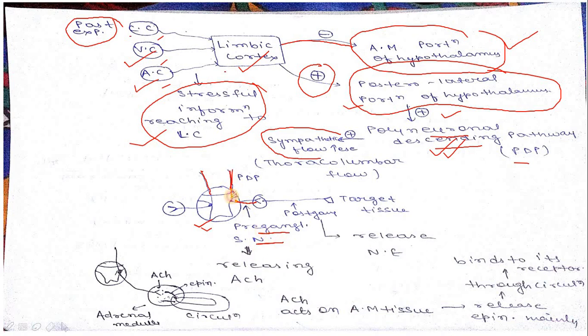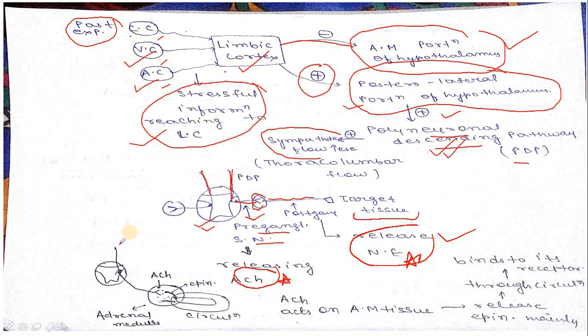So the polyneuronal descending pathway coming from the posterolateral portion of the hypothalamus makes synapse with the preganglionic sympathetic nerve, which makes synapse with the postganglionic sympathetic nerve, and it goes to the target tissue. At the target tissue, this postganglionic sympathetic nerve releases norepinephrine, and this preganglionic neuron releases ACH. This is very, very important: this one releases ACH and this one releases norepinephrine.